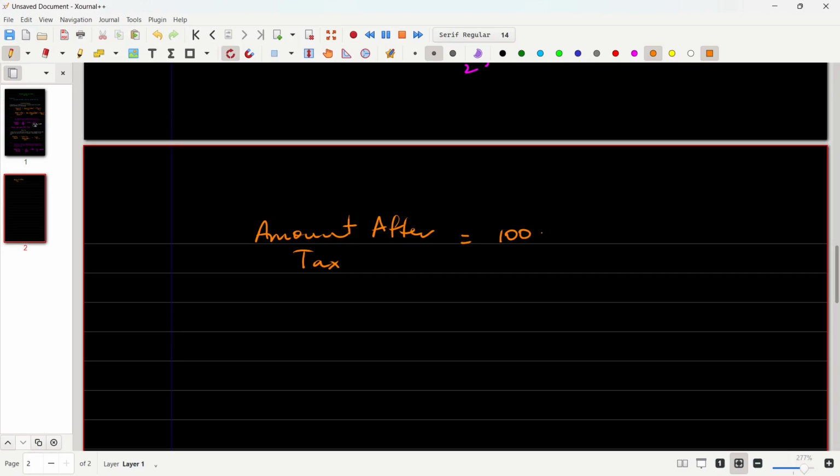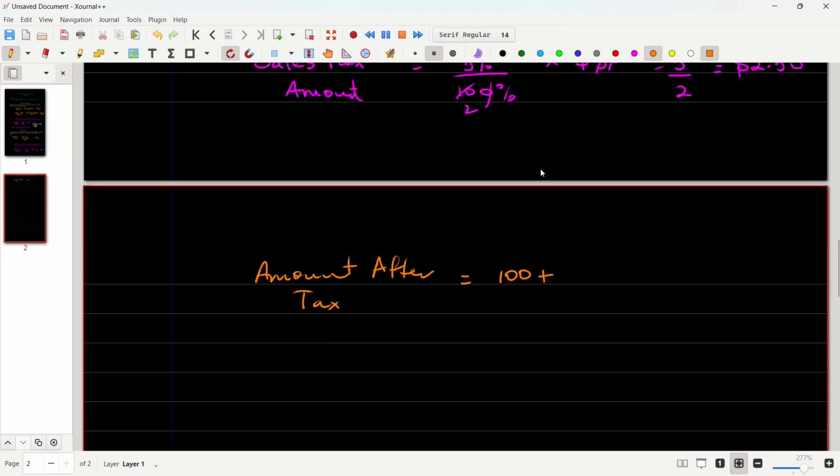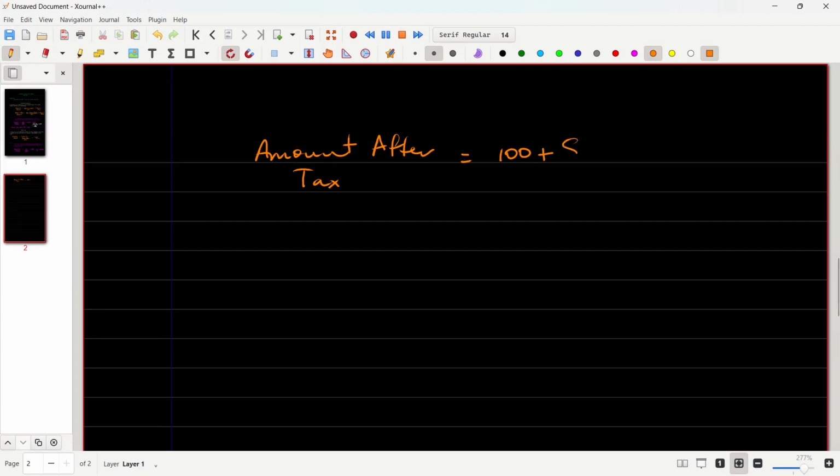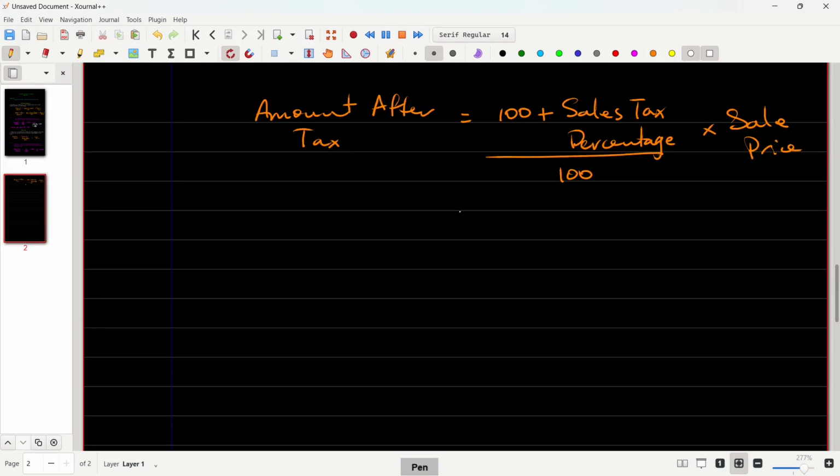And remember, it's an additional in this case, so we want 105%, well, 100 plus, I'll do it in a general form, the sales tax percentage divided by 100 times the sale price. So in this one, we're going to have 100 plus the 5% in this case divided by 100 multiplied by the sales price of $50.